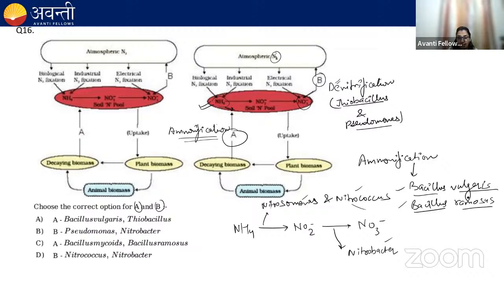A is ammonification, and the bacterium involved is Bacillus vulgaris. B is denitrification, and the bacteria involved are Thiobacillus and Pseudomonas.